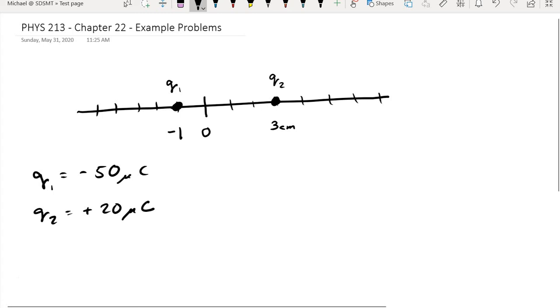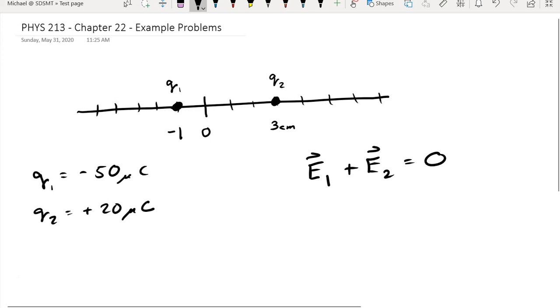And so I would like to know, is there a point somewhere on this number line where the net field in the system is equal to 0? So for that to happen, we will need the combination of field 1 and field 2 to equal 0.